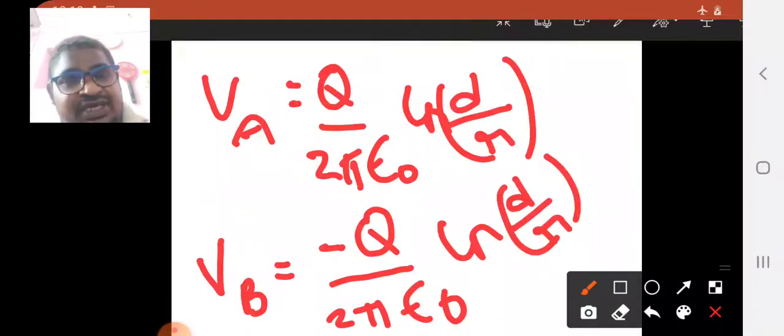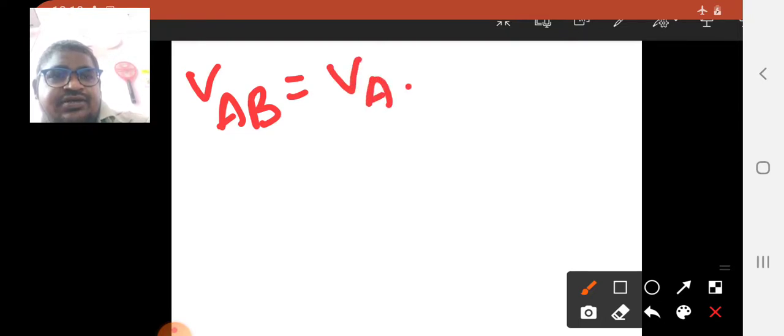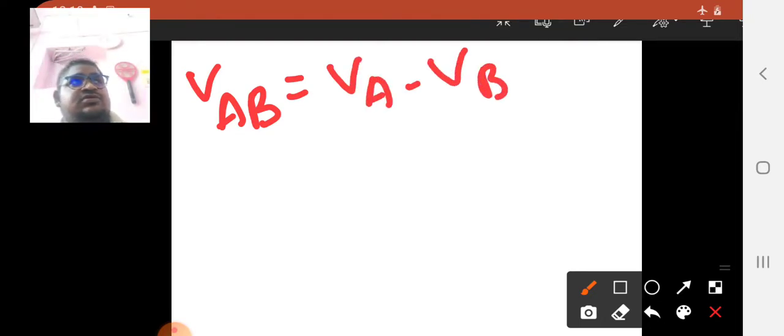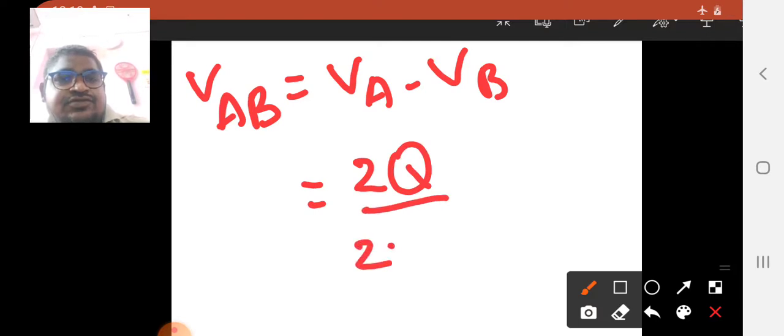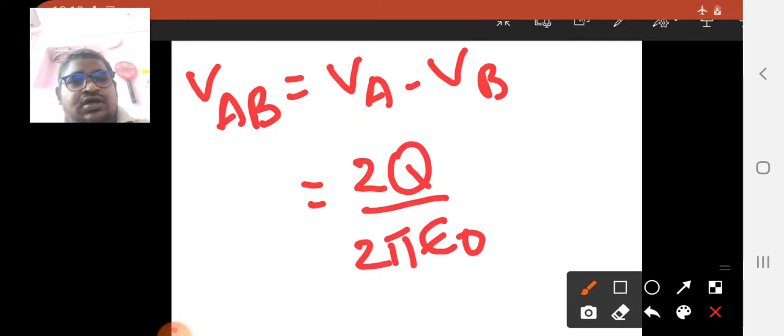But what is VAB? VAB is VA minus VB. That is 2Q by 2 pi epsilon naught into ln d by r.